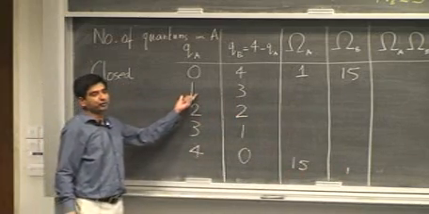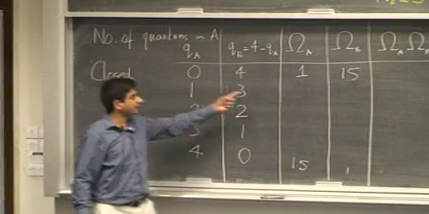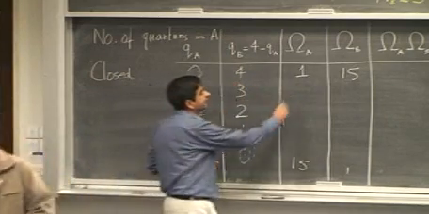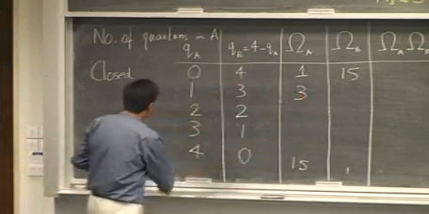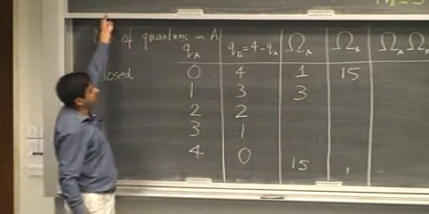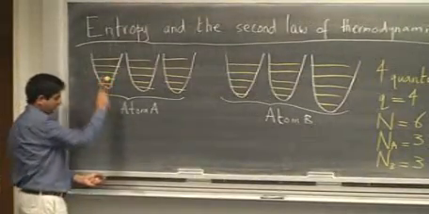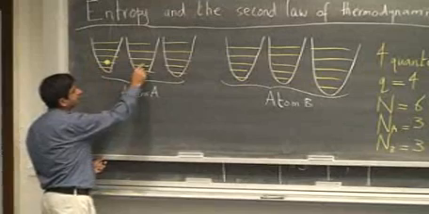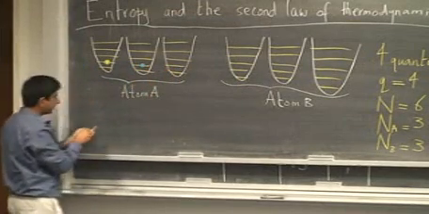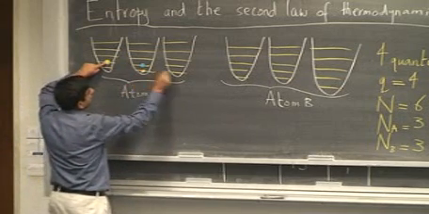Now if I have 1 quantum in A, how many ways exist? 3. There are 3 ways in which 1 quantum could be introduced into atom A. The 1 quantum could be here, or it could be here. So one possibility is that there's 1 quantum here and 0 quantums in these oscillators.